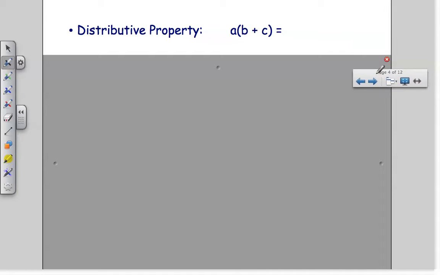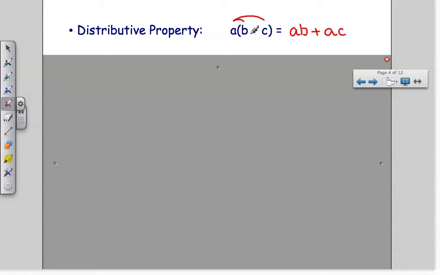One more property before we do a new example. You remember distributive property well from last year. Distributive property says that if you're multiplying something by a quantity where there's addition or subtraction, you multiply that thing outside into that sum or that difference. So I know that here I would do A times B, get that product, and then A times C, and that is an addition there.